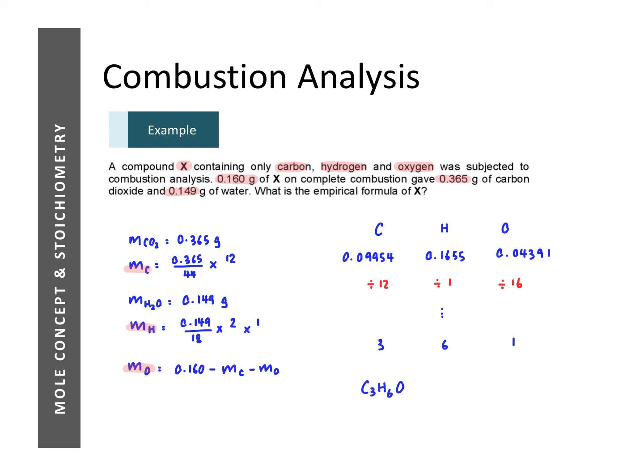Once we have the three masses, we can find the empirical formula using the table. You divide by your atomic mass, find your number of moles, and then find your mole ratio. In this case we have a ratio of 3, 6 and 1, so the empirical formula of X is C3H6O.